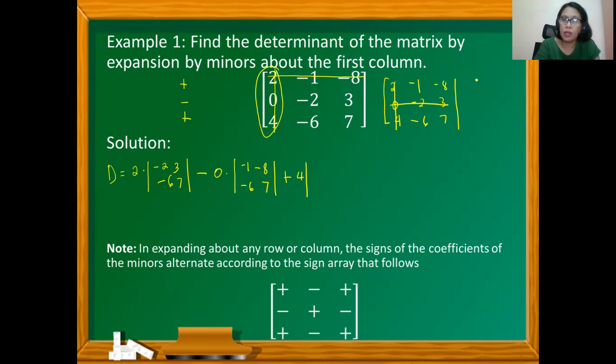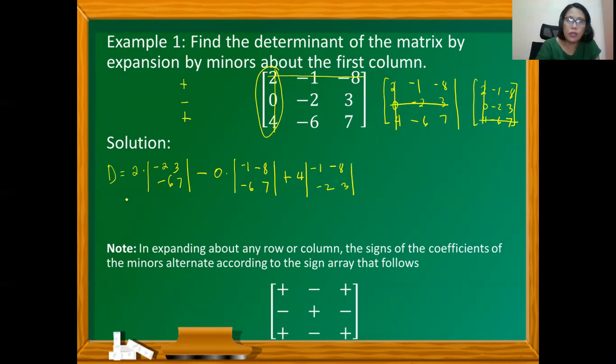So if we rewrite again the 3 by 3 matrix, we have 2, negative 1, negative 8, 0, negative 2, 3, 4, negative 6, 7. And we will eliminate one row and one column where 4 belongs. So we will eliminate the last row and the first column. So we have negative 1, negative 8 here, and then we have negative 2, and then we have 3.